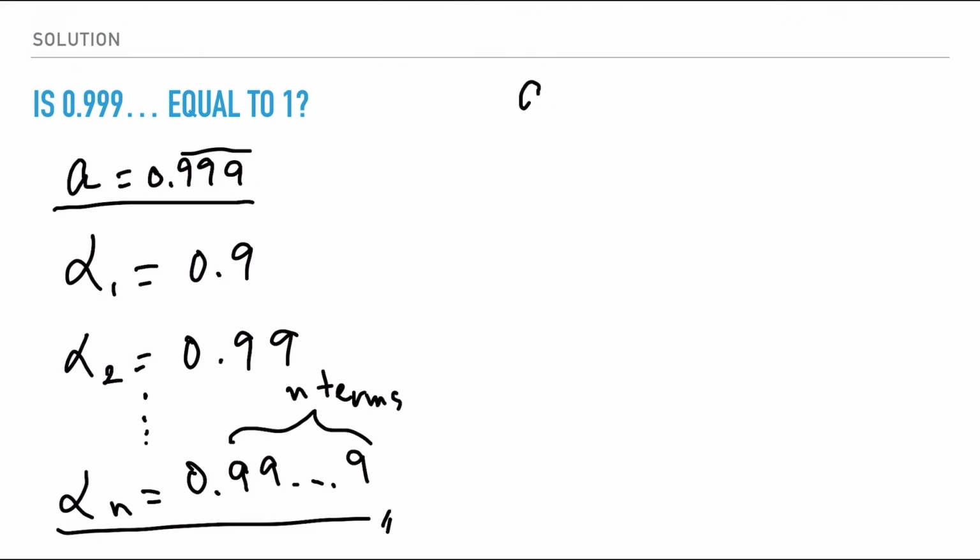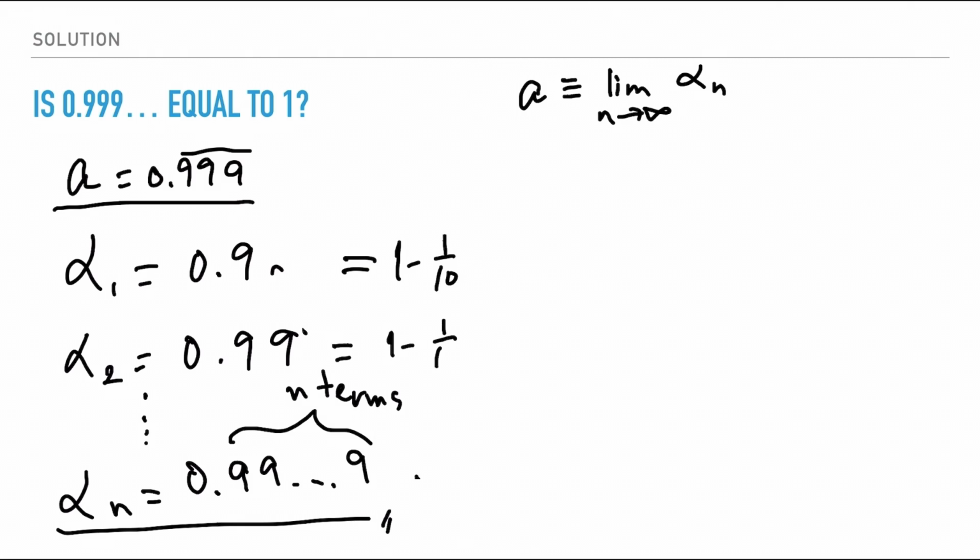And because we know that by definition, a equals the limit as n approaches infinity of alpha n, we just need to find a formula for the terms of the sequence. And we can see that, for example, the first term is actually equal to 1 minus 1 over 10.